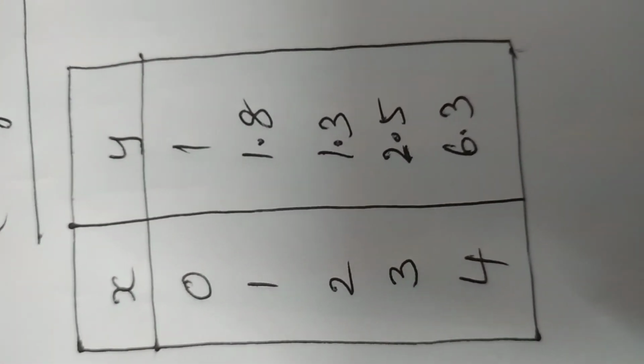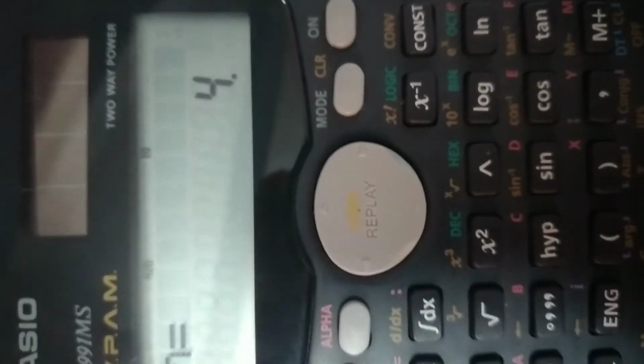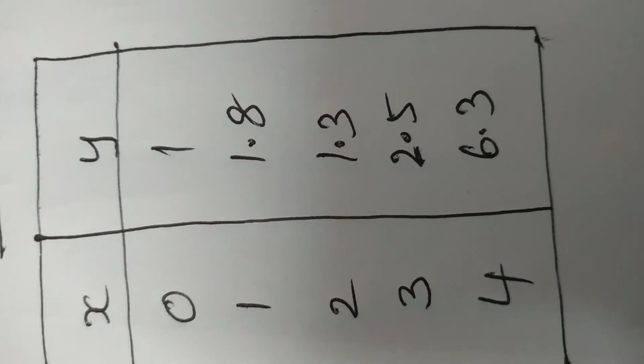Next observation, 3, 2.5. So it is 3, comma, 2.5. Operate M plus, n = 4. Then the next value, 4 comma 6.3.